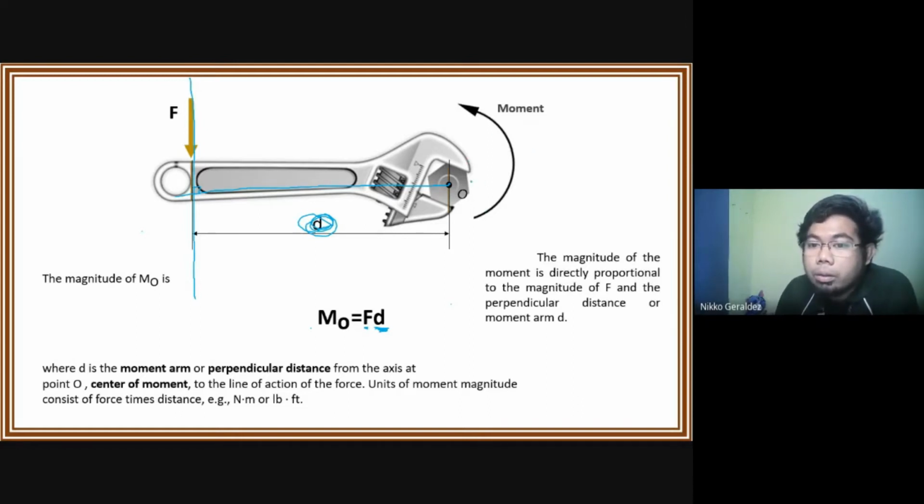Yung value ng moment, pag lumiit si force, magiging maliit din yung moment. It is also directly proportional to the perpendicular distance. Habang lumalayo yung applied force F mo sa moment center mo, lumalaki din yung moment.